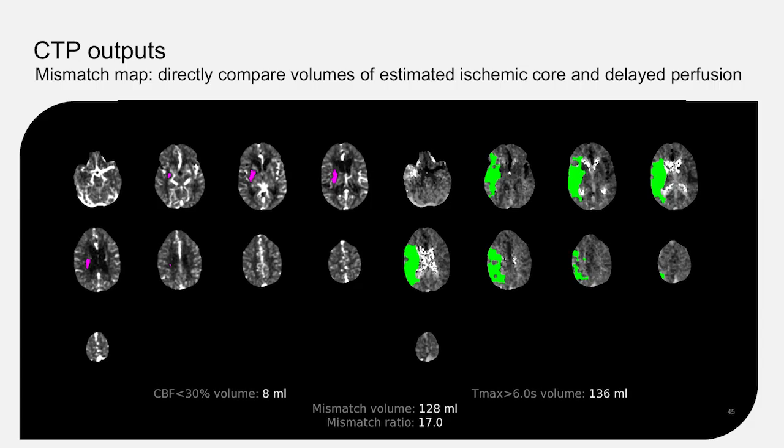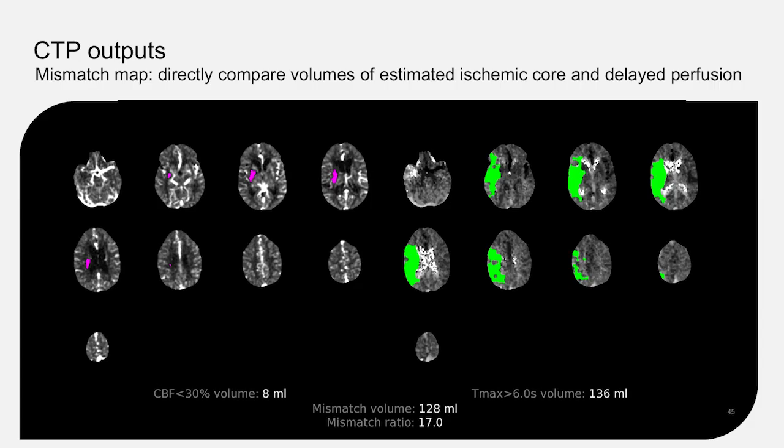So any area that has more than a 70% reduction is likely to be severely ischemic and likely to die. So CBF less than 30% means that the tissue in pink there, shown on the left side, has less than 30% of the patient's normal cerebral blood flow.